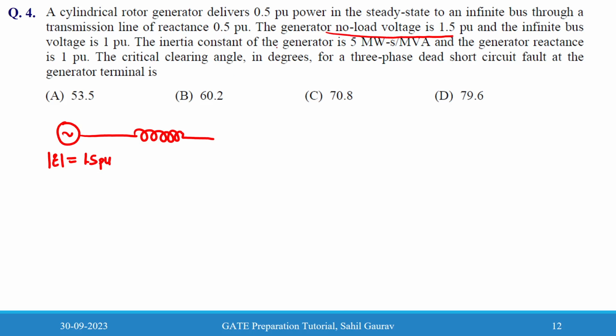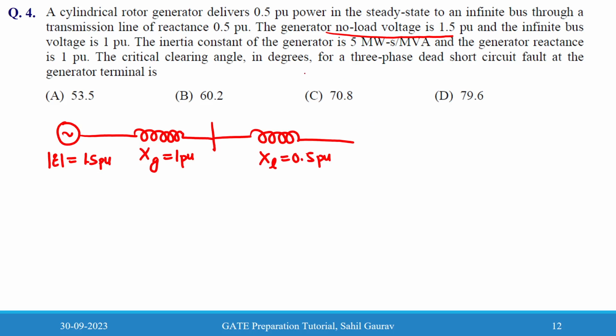The generator reactance is given as 1 per unit, and the transmission line reactance is given as 0.5 per unit.